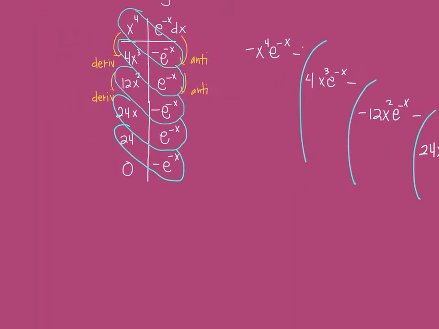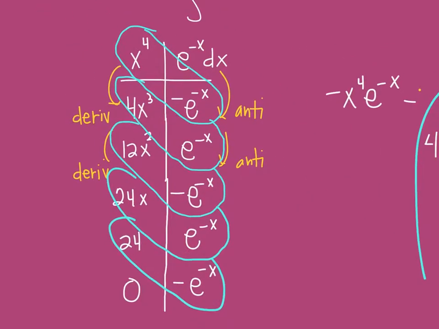So one of the ways that you can keep track of that is back on your original table. So I'm going to just clean up a couple things here so I have some space to write. Okay, back on your original table, you can keep track of it this way.